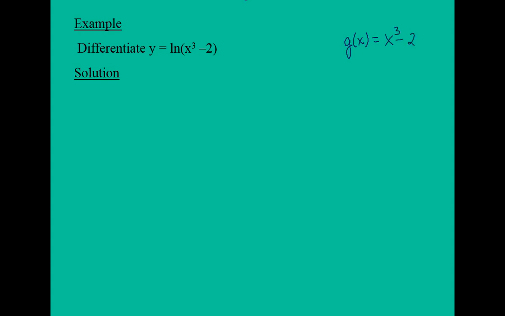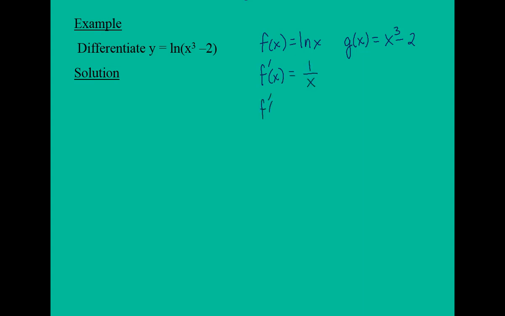Since we are working with a composite function, we see the inside function is x cubed minus 2. And the outside function, our f of x, would be ln of x. F prime of x, we just found, is 1 over x.